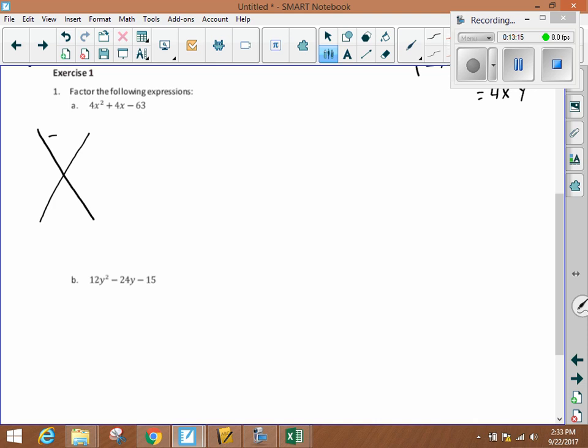A times C, which is 252. On the bottom I will have my B, which is positive 4. I need two numbers that multiply to negative 252 and add to 4. Those two numbers will be positive 18 and negative 14. There they are.